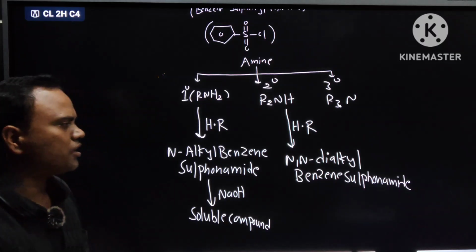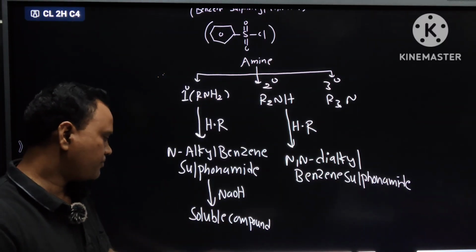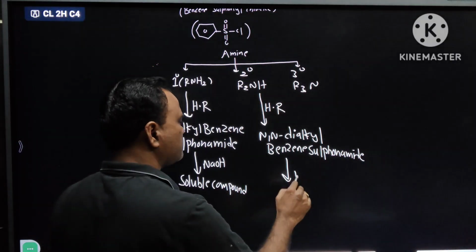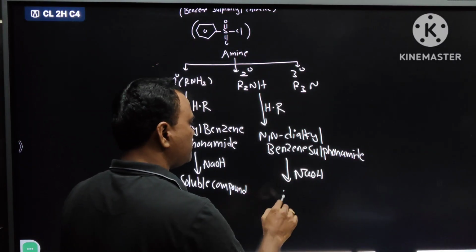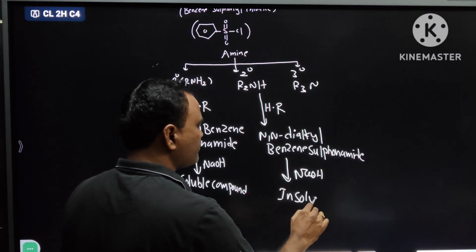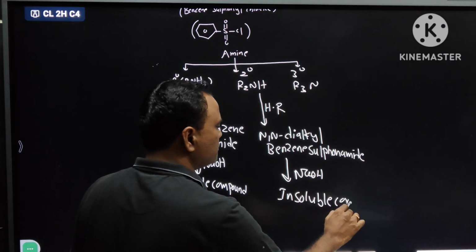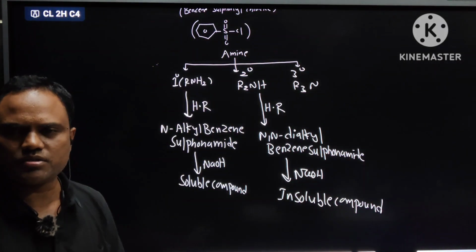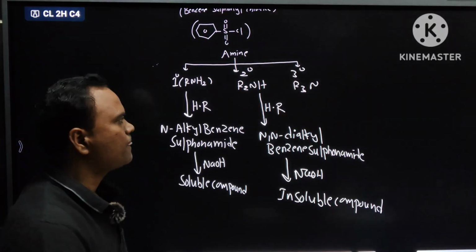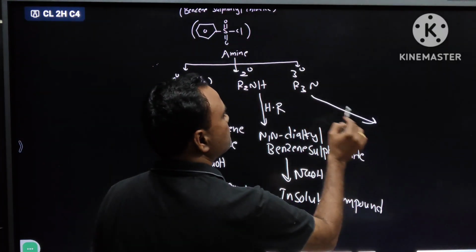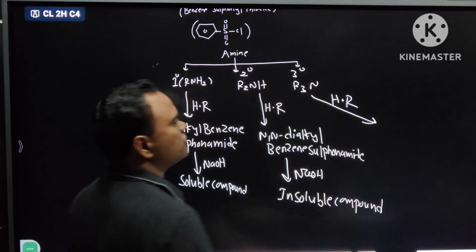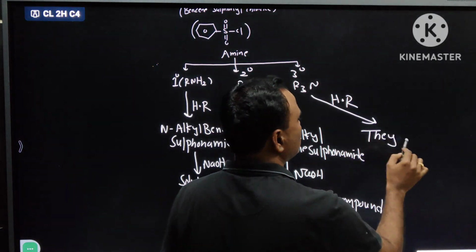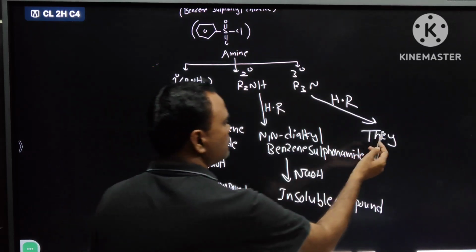When treated with NaOH, an insoluble compound is formed. After seeing the reactions, you will understand easily, right? And what about tertiary amine when treated with Hinsberg reagent? They do not react. No reaction.